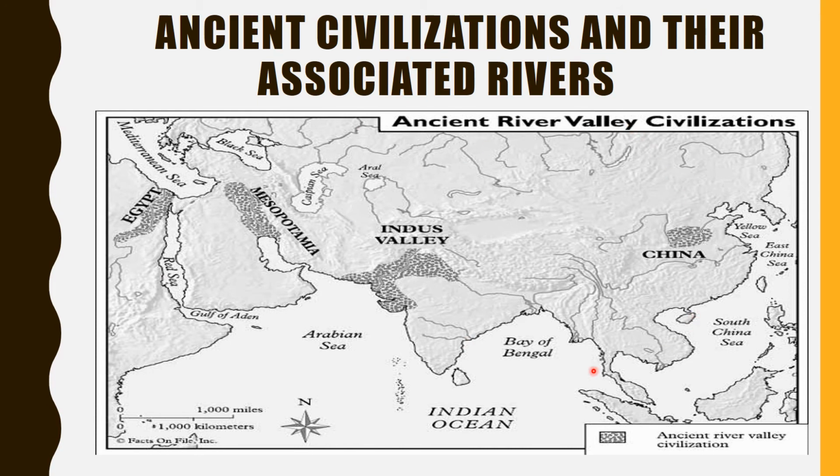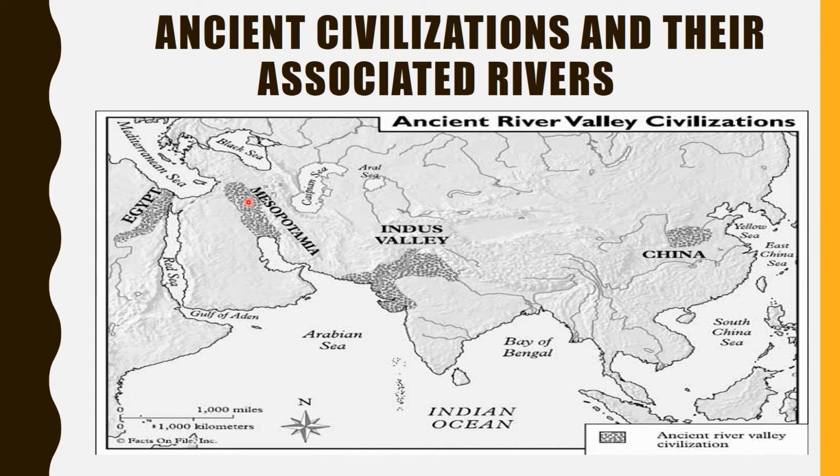Here we have the different ancient civilizations, the very early ones that began with river valleys. We have Egypt in North Africa, and the river that was associated with the development of this civilization is the River Nile.